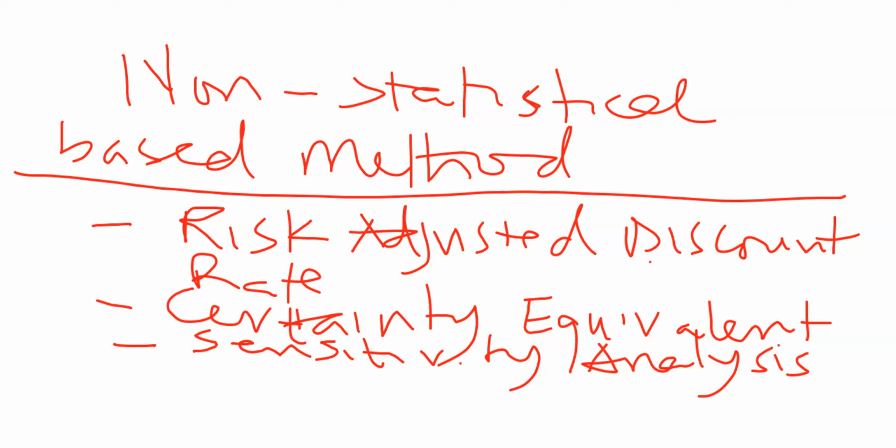But meanwhile, we'll take a question and see how it works as far as the method is concerned. Are you hearing me? Yes, sir. Good. We'll take a question on the risk-adjusted method and start solving.